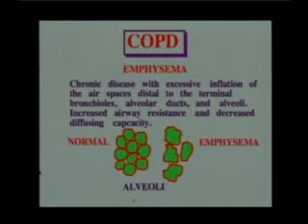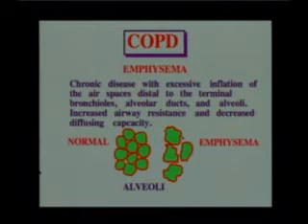Now, if you take a look first at this normal side over here, I've colored these alveoli green in this picture, and you can see the blood vessels around them. They will pick up O2 and give off CO2. Now on this side we have emphysema alveoli.